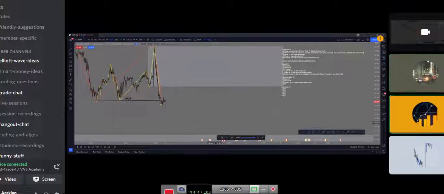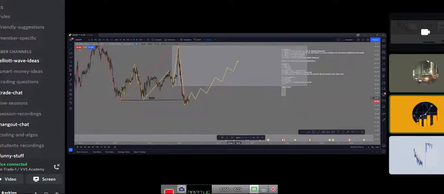But before I get to this side, I want to see something like this: mitigate this guy, break this, something like that. That's what I expect price to do.